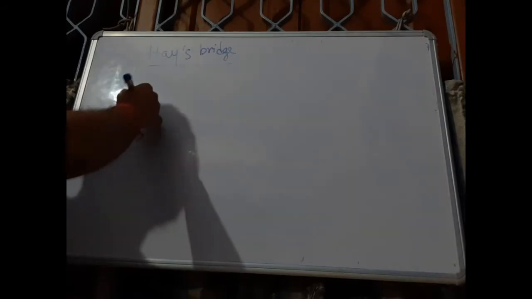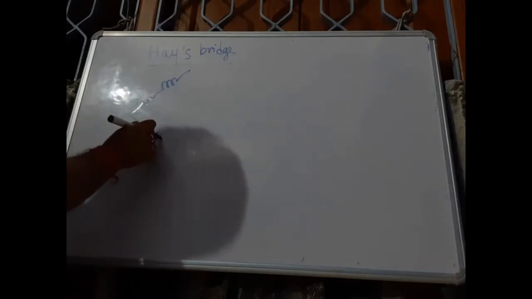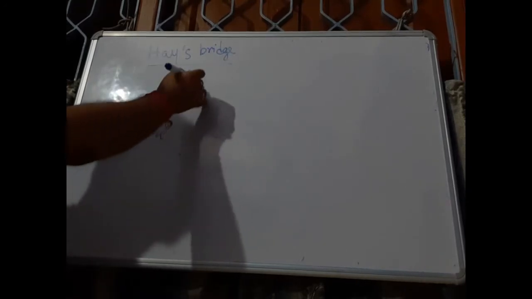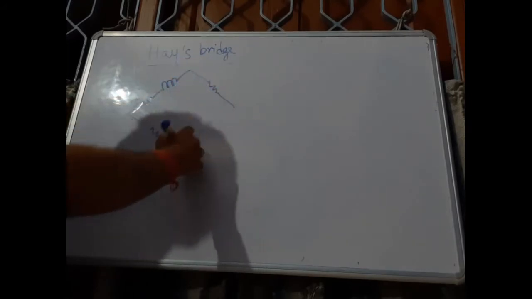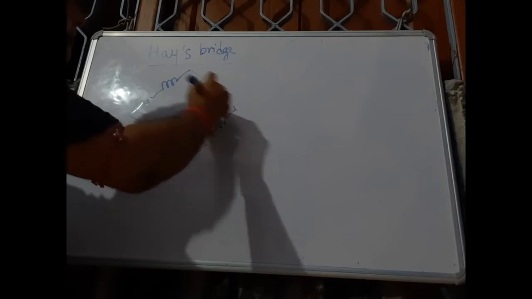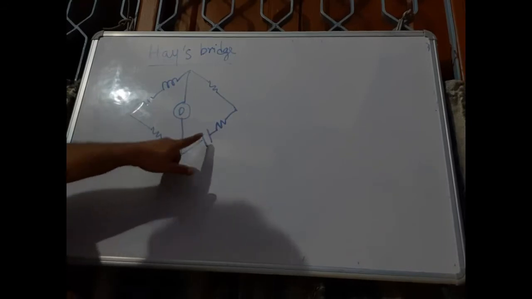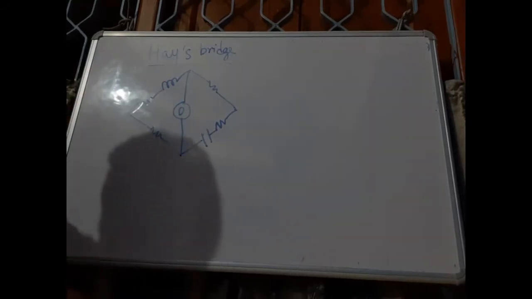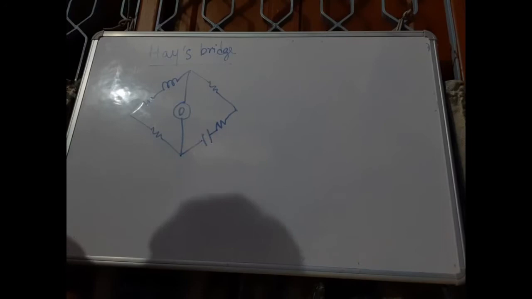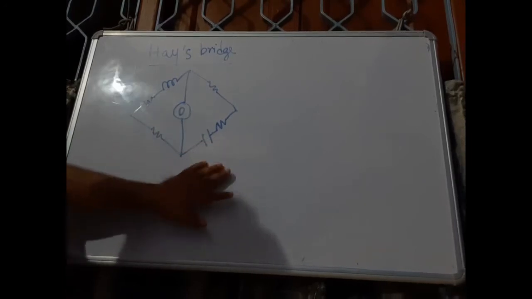Hayes bridge. The bridge looks like this. You can recall that in the Maxwell inductor capacitance bridge, we have a variable capacitor connected in parallel.